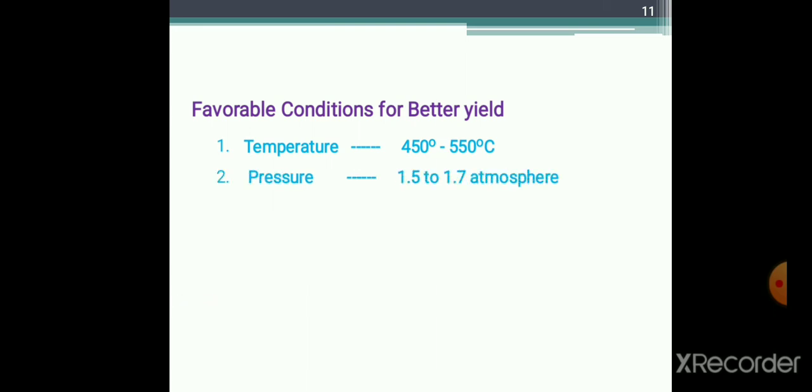The formation of H2SO4 by the contact process has some favorable conditions for getting a better yield. And what are these conditions? First, the temperature required is 450 to 550 degrees centigrade. The pressure required for this conversion is 1.5 to 1.7 atmosphere.